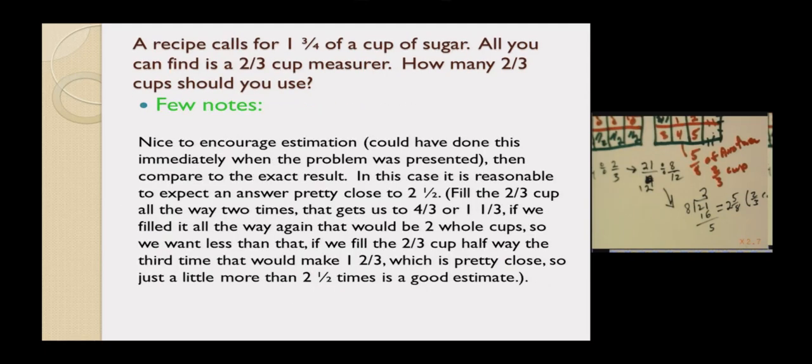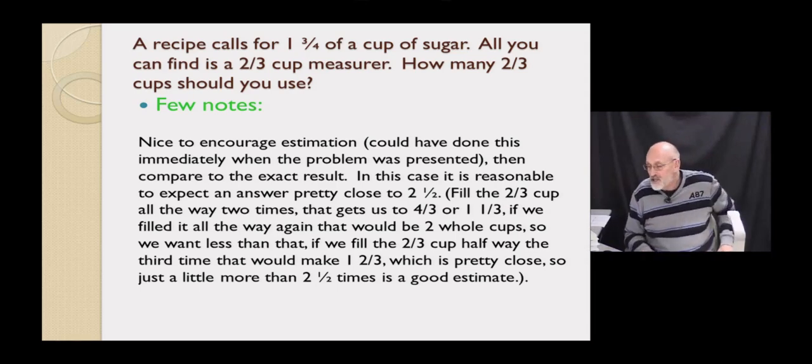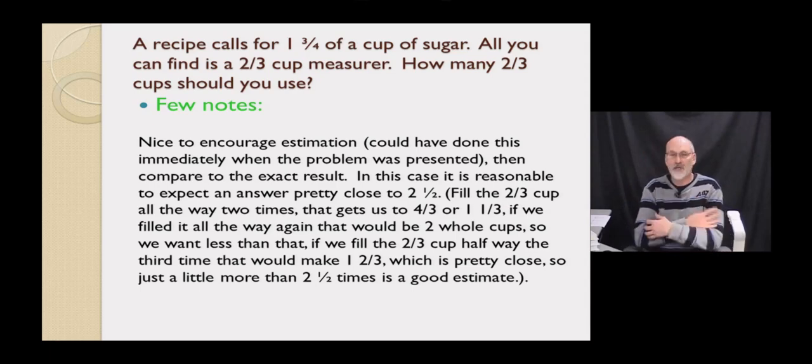So here's a few notes. We talked before about encouraging estimation. It could have been done immediately when the problem was presented. We modeled that once: what do you think the answer is going to be before we do any modeling here? But now that we've gotten an answer of 2 5/8, does it make sense that we should expect an answer pretty close to 2 1/2? If you fill 2/3 up all the way twice, that's 4/3 or 1 1/3.